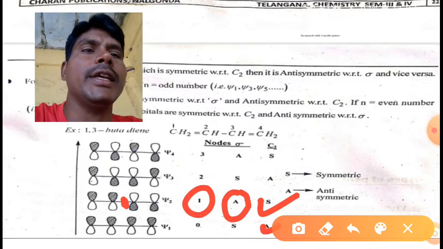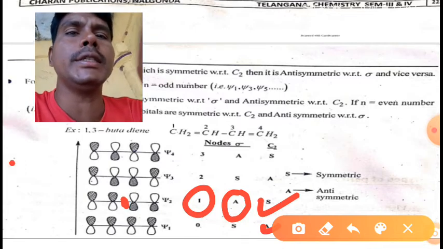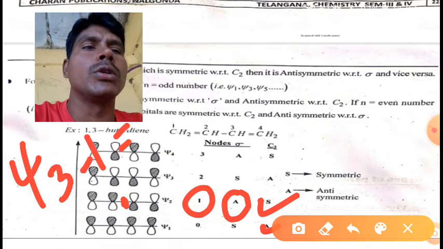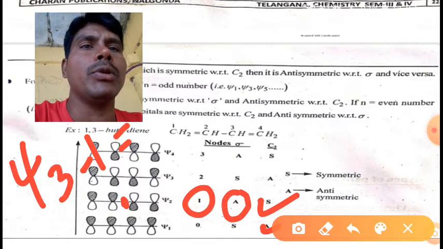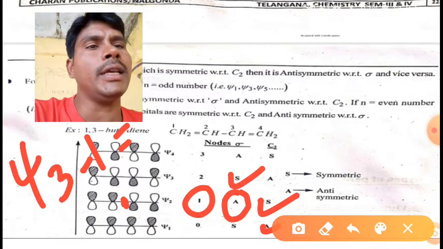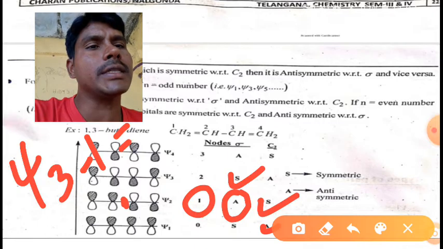This is the vice versa process. Next one, psi 3: you can easily get how many nodes there are. 3 minus 1 is equal to 2 nodes, an even number of nodes. When an even number of nodes is present in the system, we get a plane of symmetry. See, the plane of symmetry sigma is present, and then automatically the C2 axis is absent.